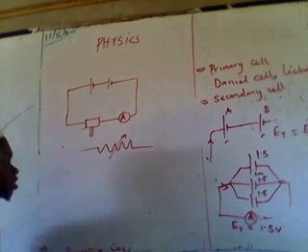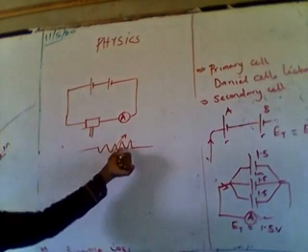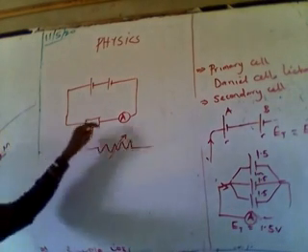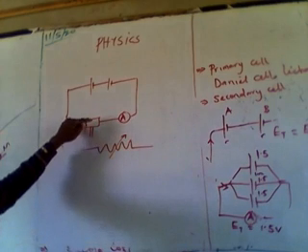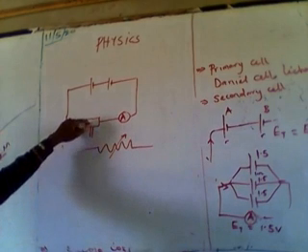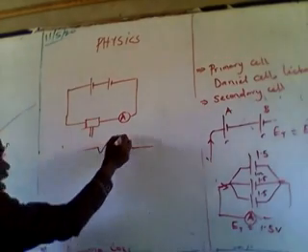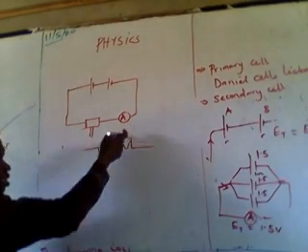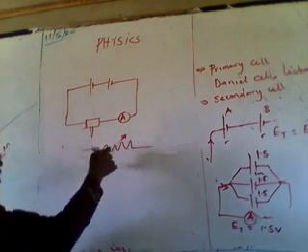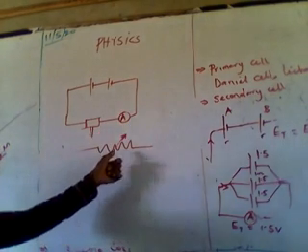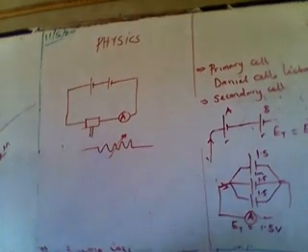This is telling us that this resistance is a variable one, unlike these two, which we call a standard resistor. If it has a stroke like this, we call it a variable resistance. So take note of it.